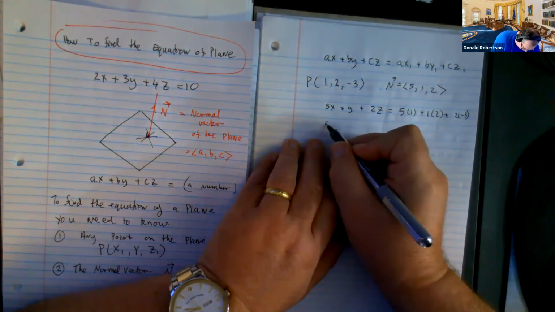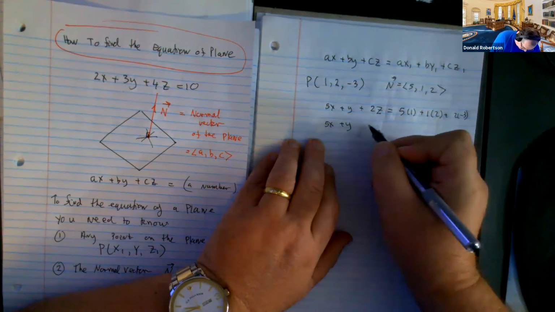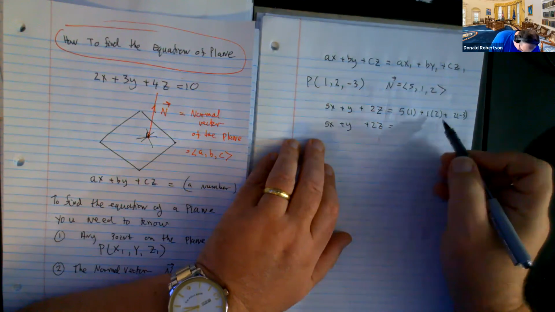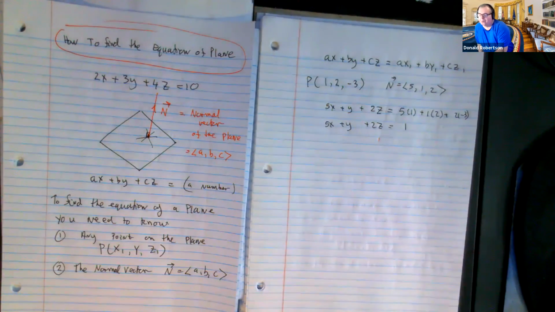So it would be 5x + y + 2z = 5 + 2 - 6, which is 1. Nice number, 1.